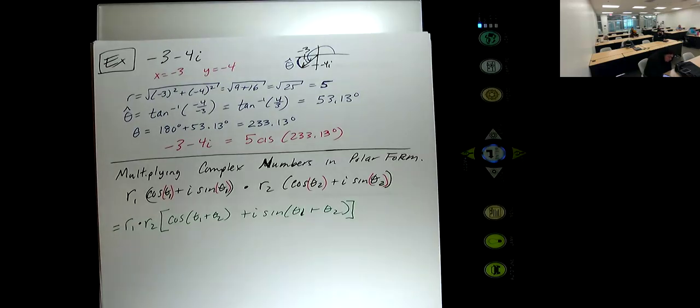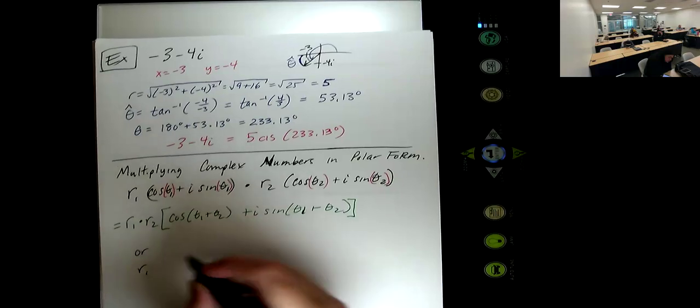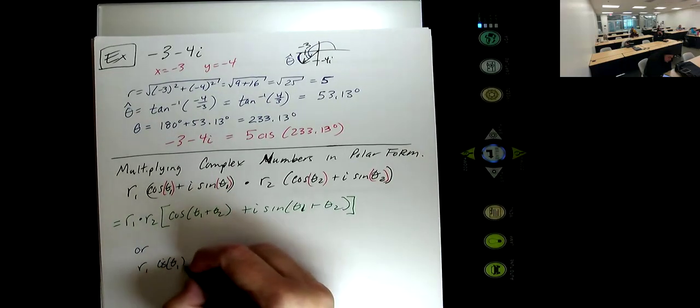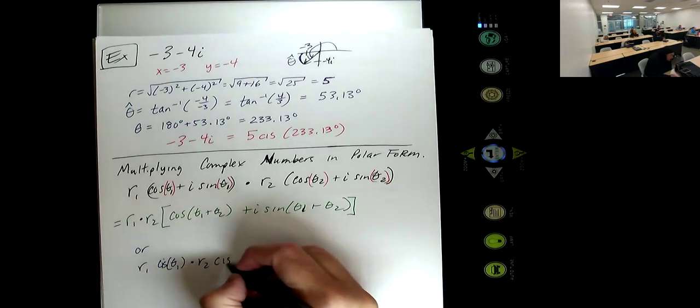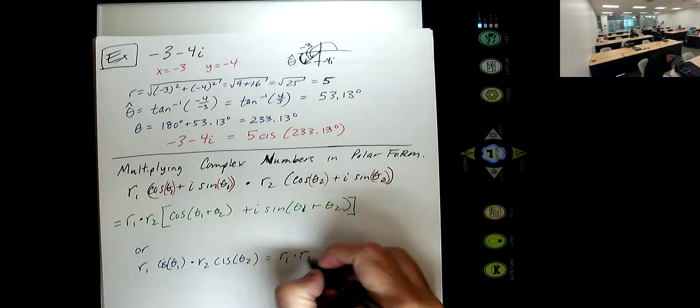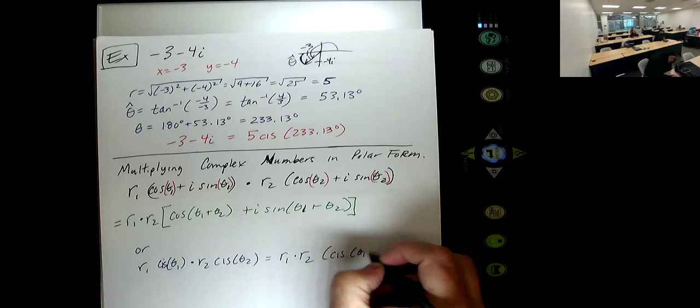Or if we look at it in the cis version, R1 cis theta 1 times R2 cis theta 2 equals R1 R2 cis of theta 1 plus theta 2.